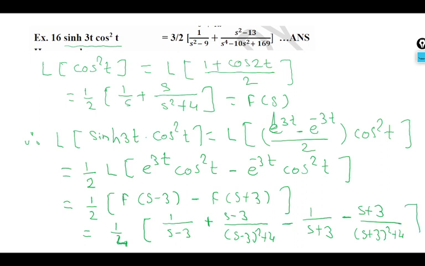I made a mistake earlier; the middle sign is plus. So don't get confused by the lengthy answers. You keep it as it is, no need of any simplification. This is the end of the question because we converted the function of t into the function of s. So that is our final answer. These answers can be obtained by squaring the brackets, simplifying and collecting similar terms together, but there is no need; you can keep these as answers. So that was the 16th example.